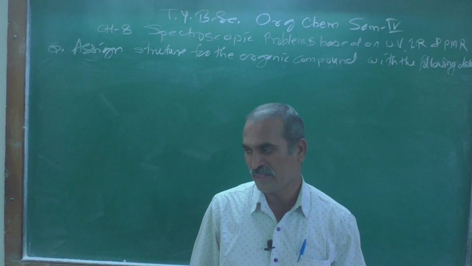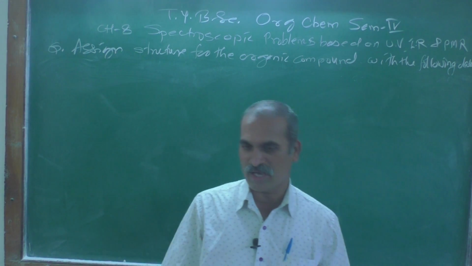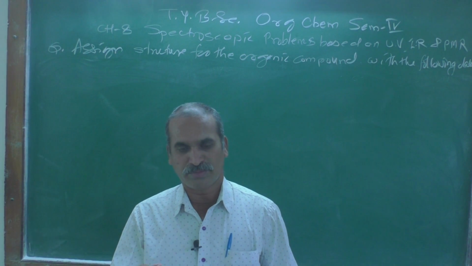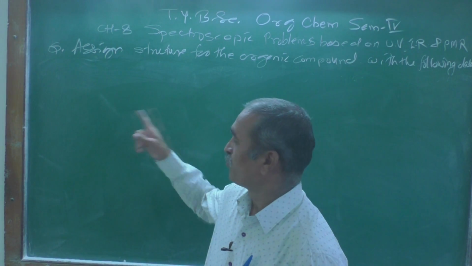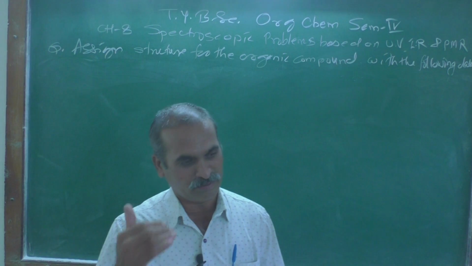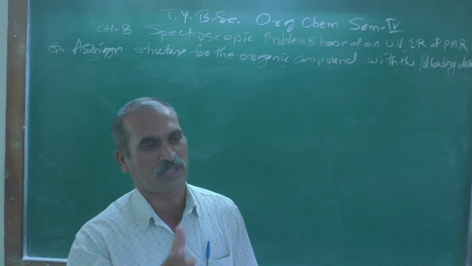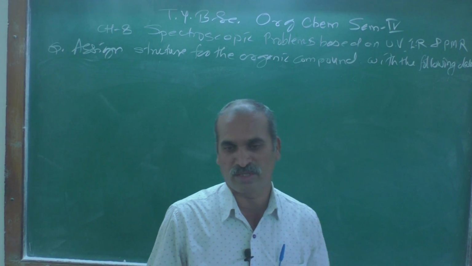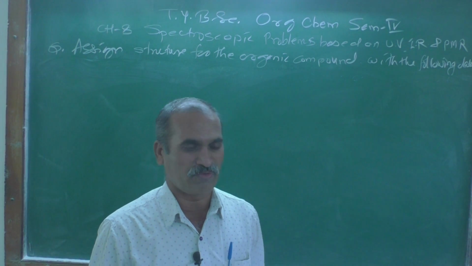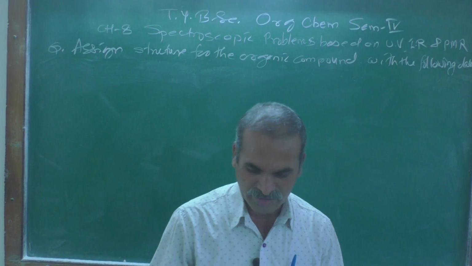So we get this type of information, and now we are solving most of the problems so that you become familiar and can easily solve problems based on UV, IR and NMR spectroscopy.